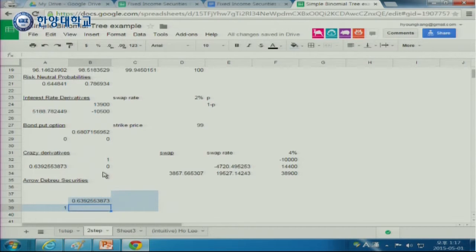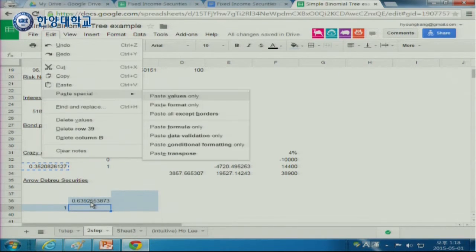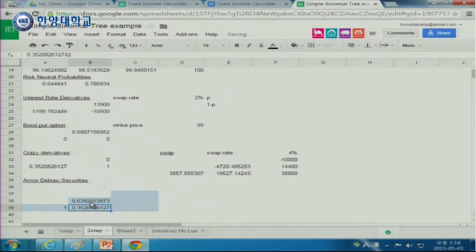How about this one? Well, we can also calculate this one easily. Now 1, 0, then you use this one. So the value of the Arrow-Debreu security to pay $1 if interest is going down 6 months later is around $0.35, right? Any question until now?